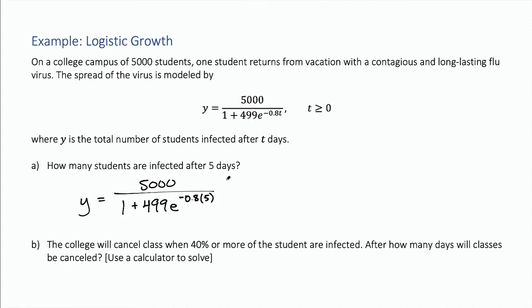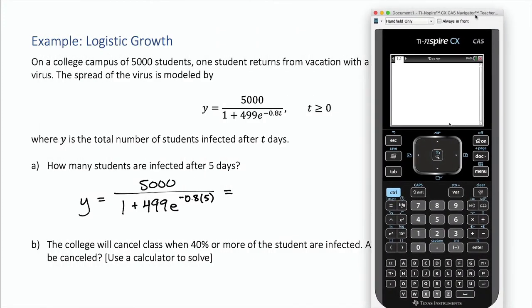Okay, and so this we can go ahead and plug into a calculator. So we've got 5,000 over 1 plus 499. And then for my e on this calculator, there's a button right here, e raised to something.